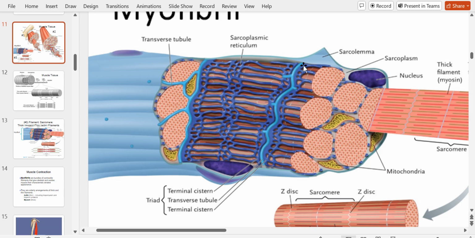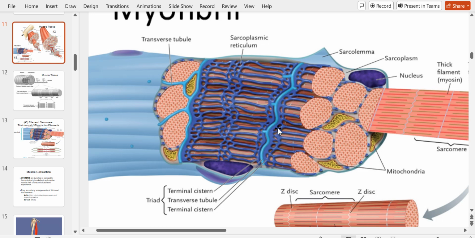So the whole idea there is that a neuron sends an electrical discharge along the muscle fiber. Now, how is that going to get deep within the muscle? Well, right in here, the electrical discharge will travel along, and then it'll actually go all the way down in here. And when that happens, you'll see the sarcoplasmic reticulum.